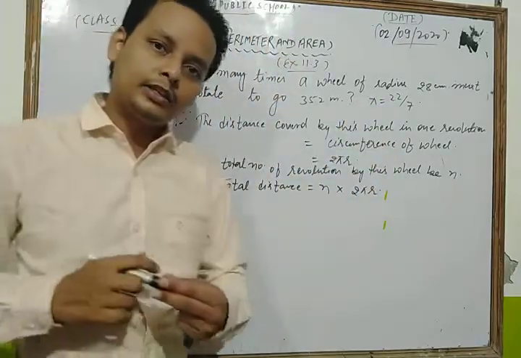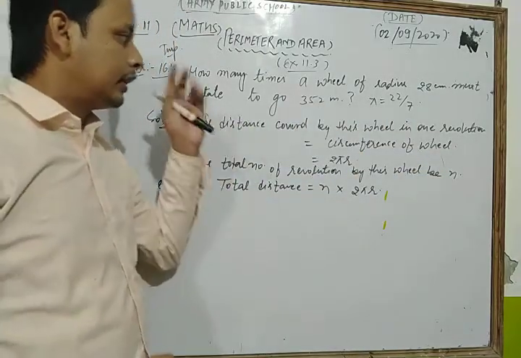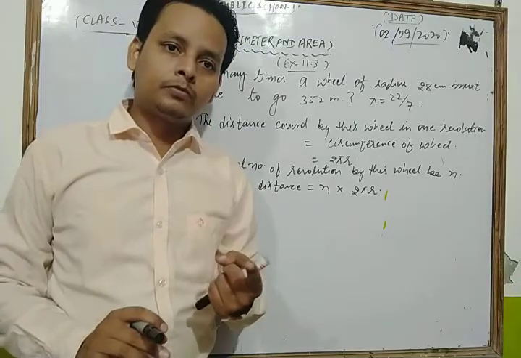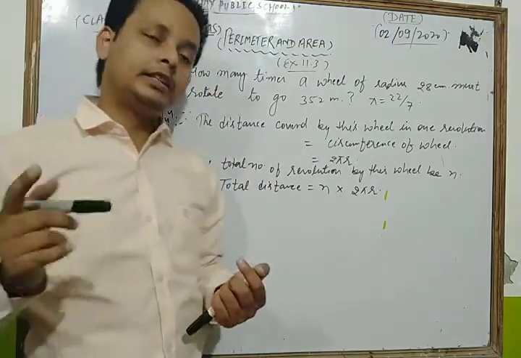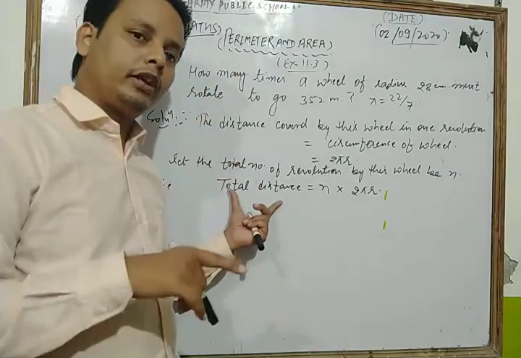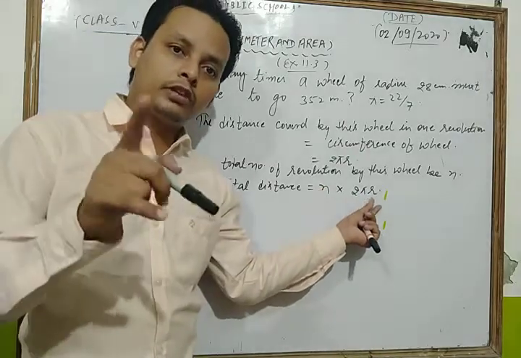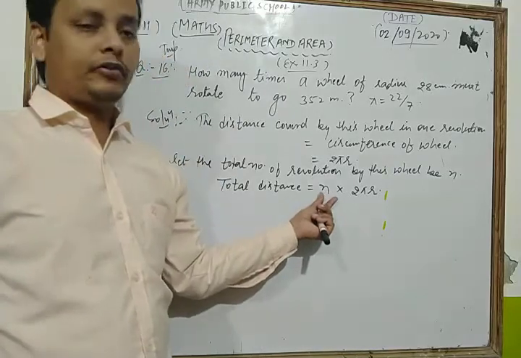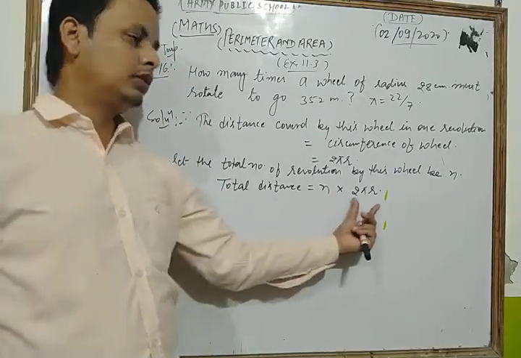Am I right, dear students? This is the concept here. So the number of revolutions is the total distance upon 2 pi r.